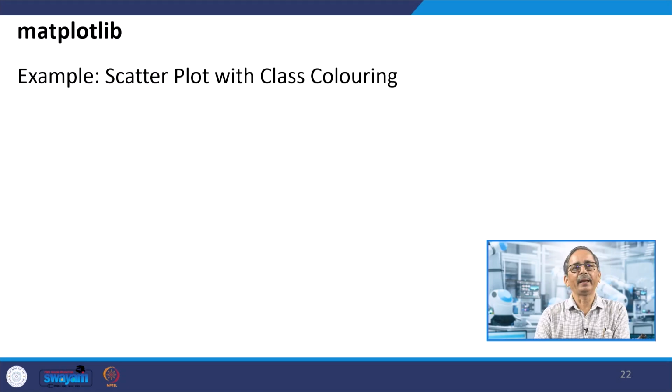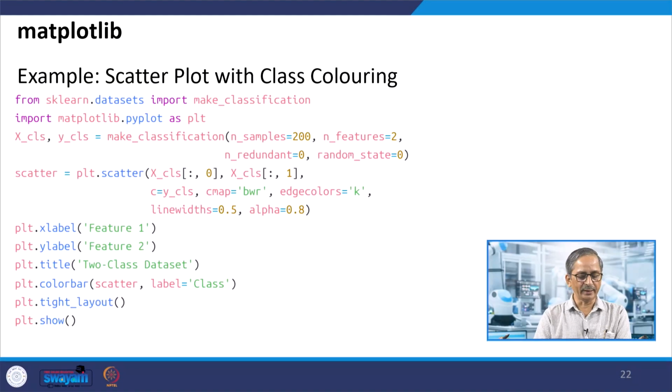Next let us see the scatter plot with class coloring. Again here we can have sklearn dataset import make_classification, and then matplotlib, X class, y class. Suppose we are taking 200 samples and say 2 features are there, feature 0 and feature 1.